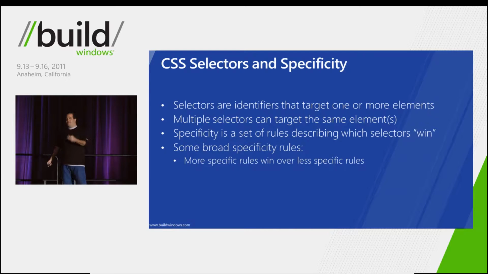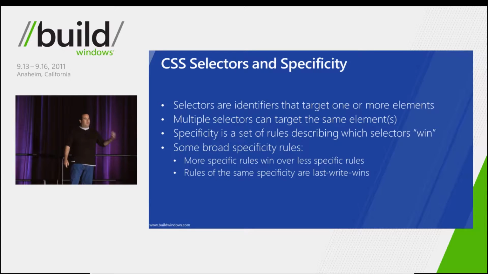Also, if I have two selectors of the same specificity, for example, one selector that targets all buttons and says all these buttons are blue, and then another selector, maybe linked in later, that says all buttons are red, then for rules of the same specificity, last write wins. The red button selector will win because it's linked in later, it's specified after the blue button selector.